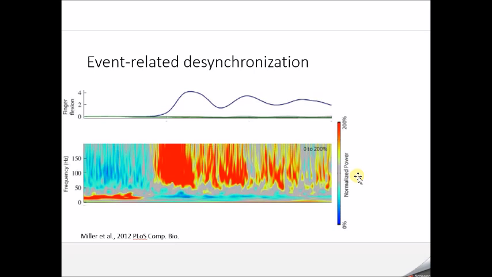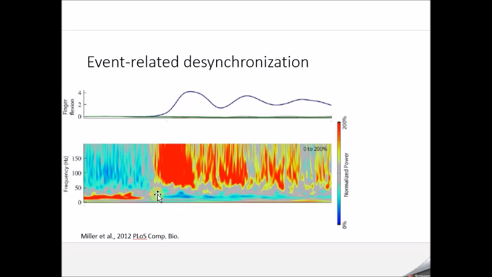So it's very similar to the spectrogram that Stacy went over last week. As you see over time, at the beginning of the trial, there's relatively high power in the low frequency range. So maybe this is a beta oscillation between 10 and 30 hertz. And there's relatively little power in the high frequency gamma ranges.